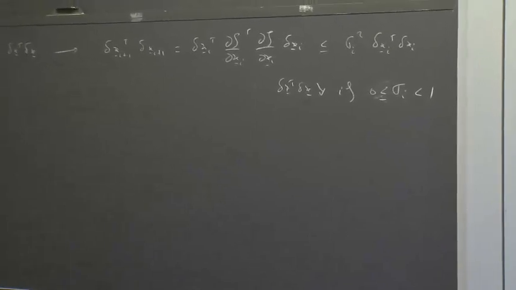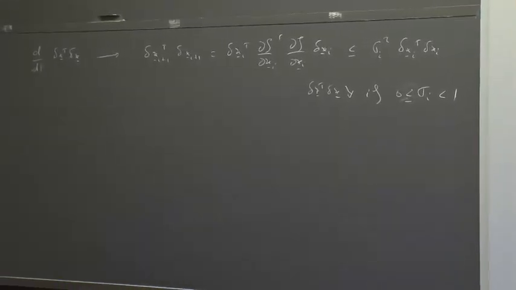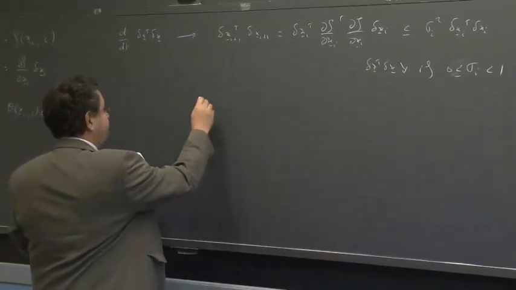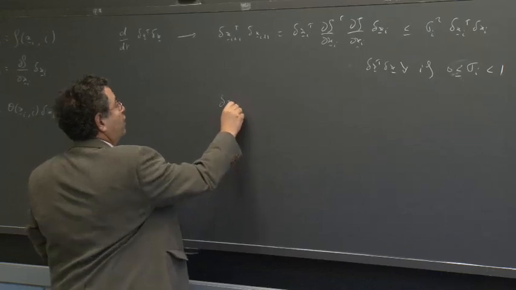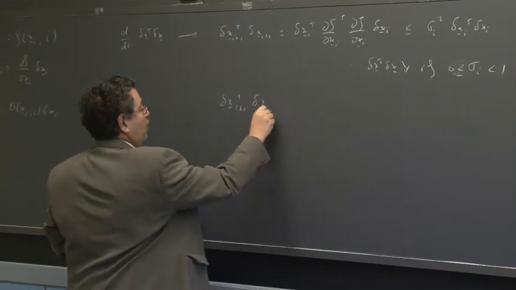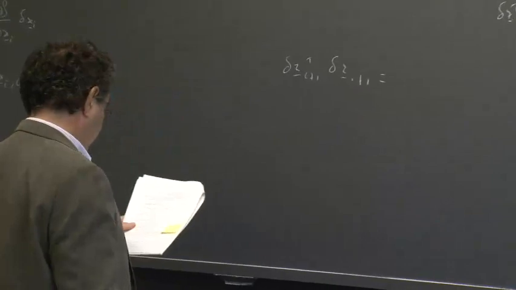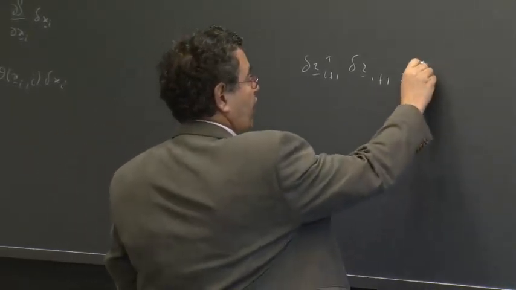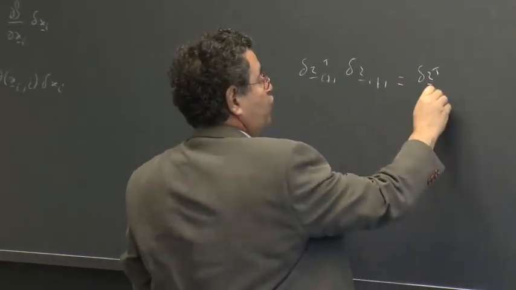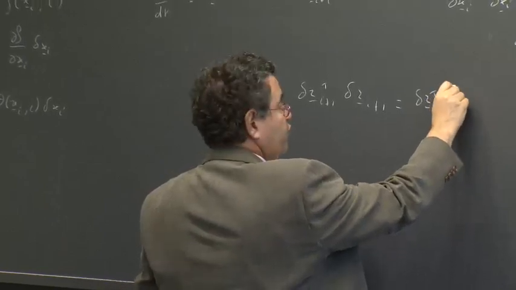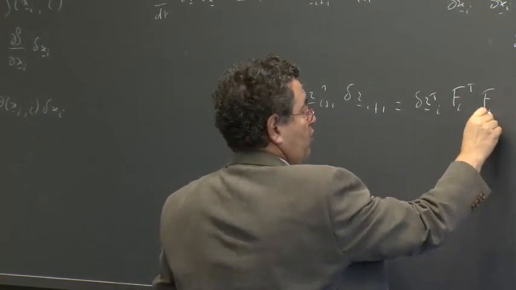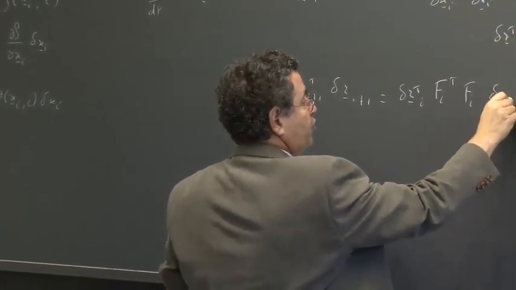So we can do this directly on delta x, or we can do it on delta z. And if we do it on delta z, what we find is that instead of the Jacobian, we have, of course, some kind of generalized Jacobian, a discrete generalized Jacobian.